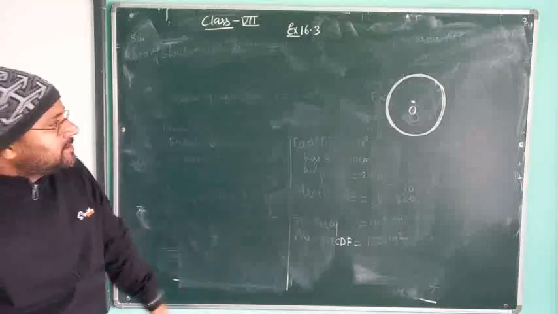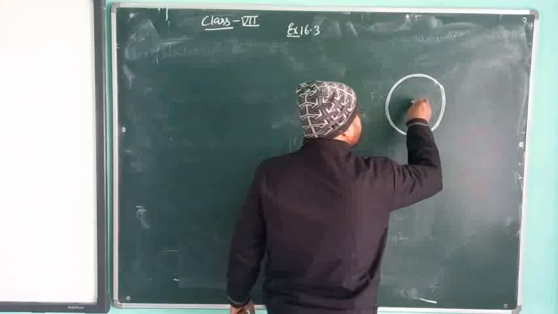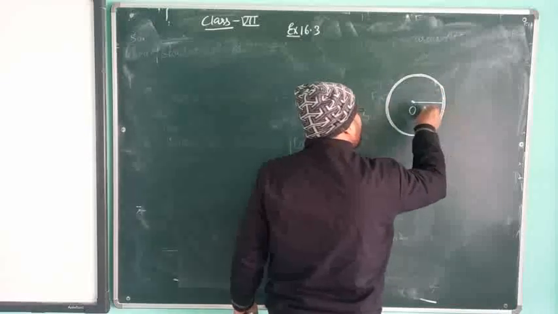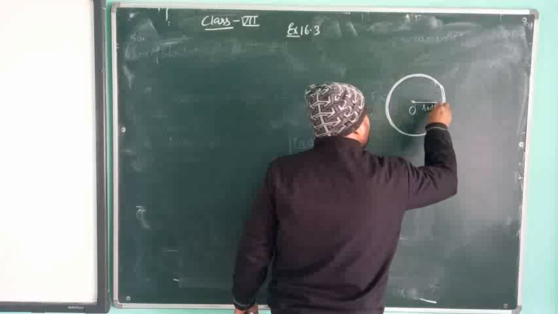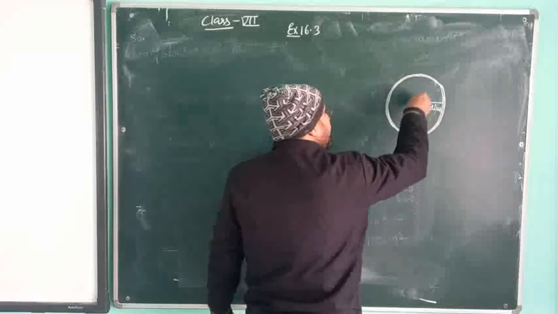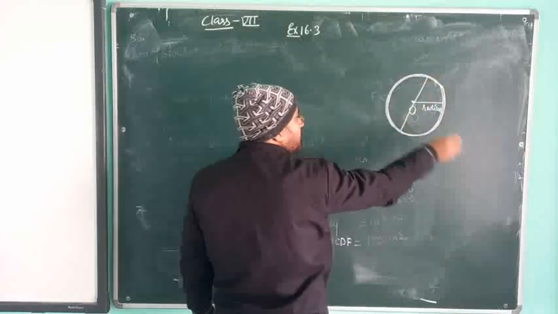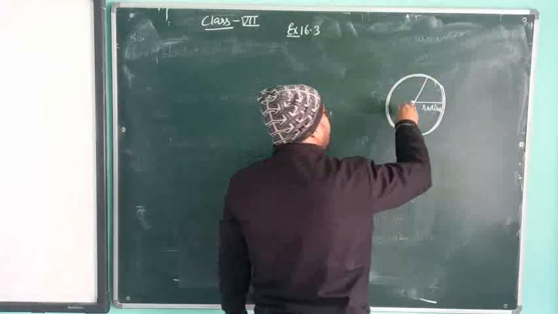This is the circle. This fixed point is called the center, and the distance from the center to the circle is called the radius. Any line which passes through the center and lies on the circumference of the circle is called a diameter.